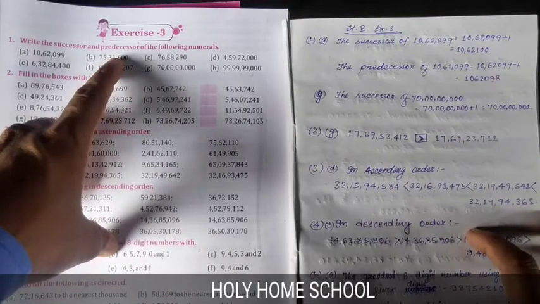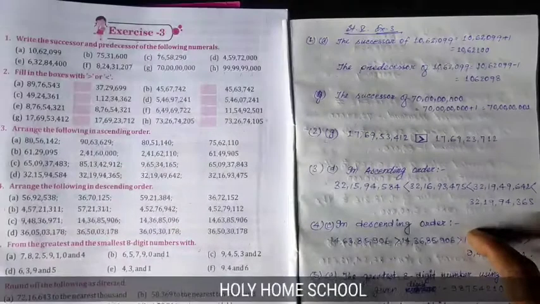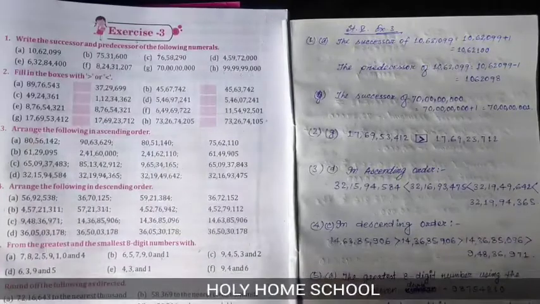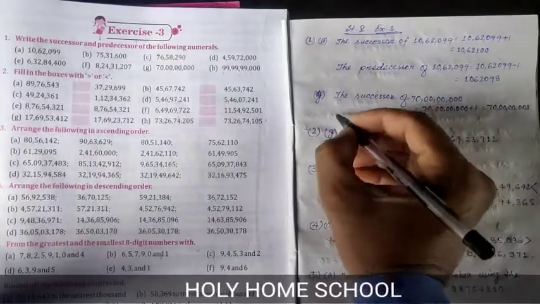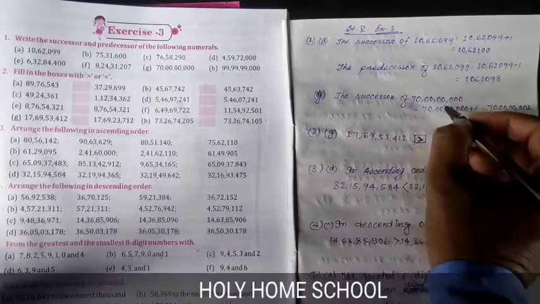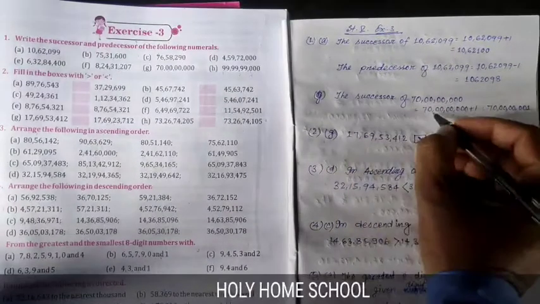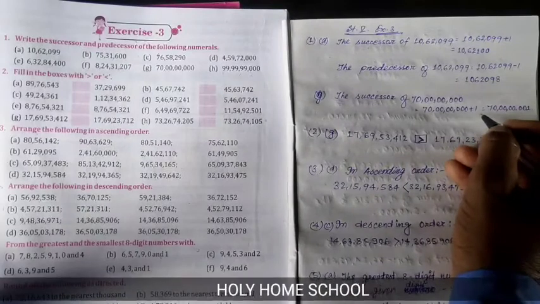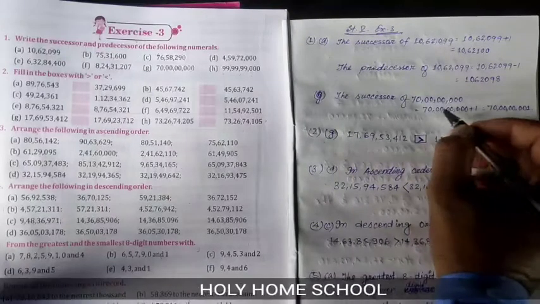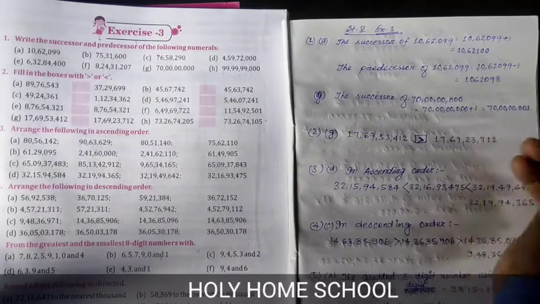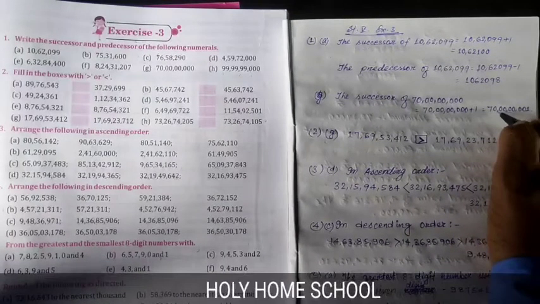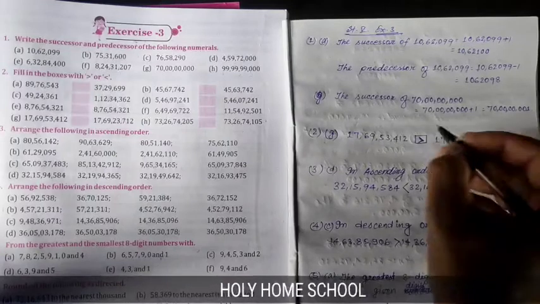See one more example for you. The successor of 70 crore will be 70 crore plus 1. It means 70 crore is increased by 1, and that will make 70 crore 1.